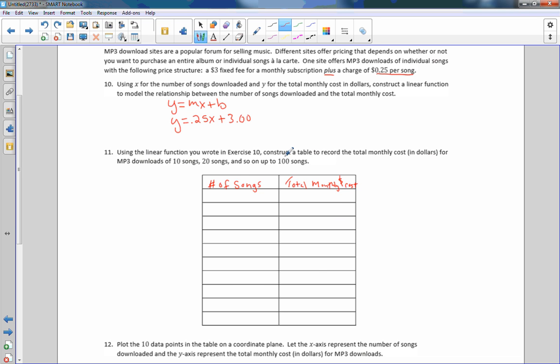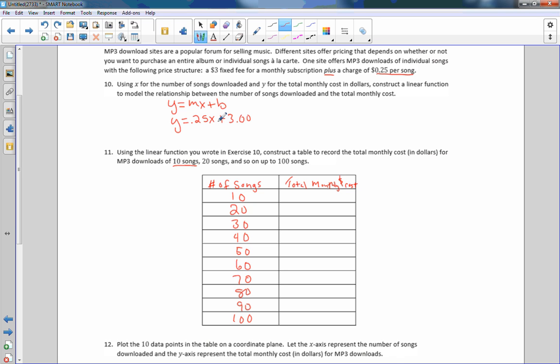Okay, so they want us to start out at 10 songs, and then go to 20, and then keep going, multiples of 10, until we get to 100. And there it is.